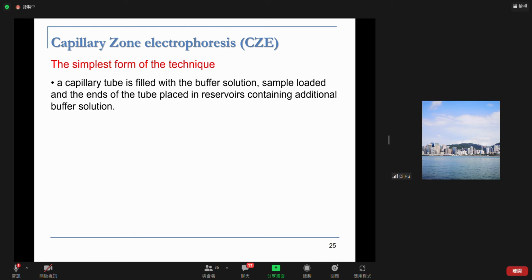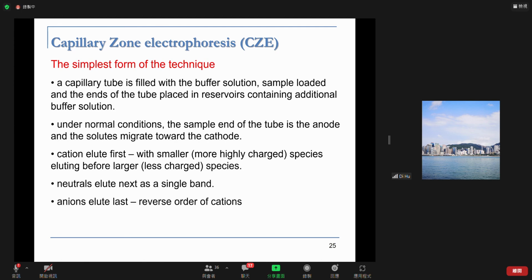Note that under normal conditions, the sample end of the tube is the anode, and the destination end is the cathode. We already talked about this.